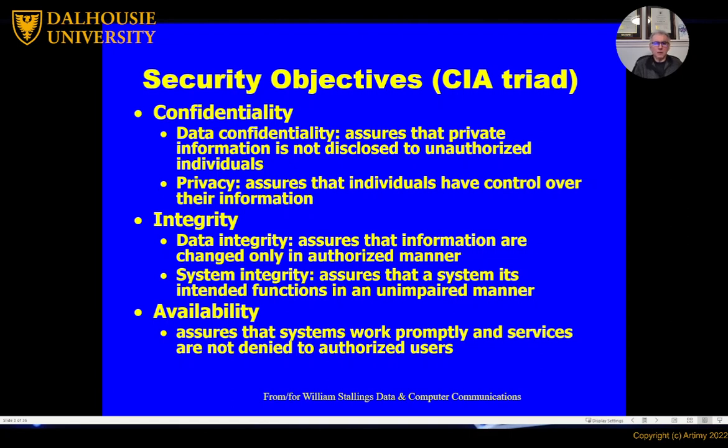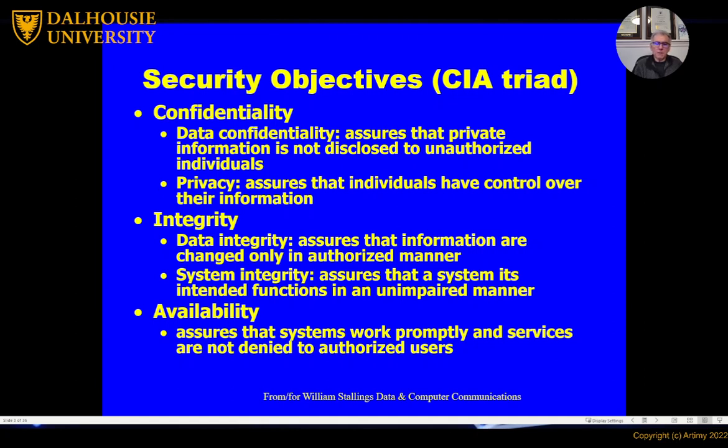So confidentiality here is one of the three main objectives of security. And when we talk about confidentiality, we mean that information is protected from any unauthorized eyes, right? So we don't want the information to be available to somebody who's not supposed to see it, so it's not disclosed to an unauthorized person. Another aspect of confidentiality is privacy.